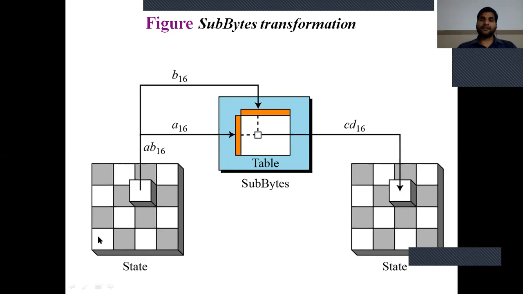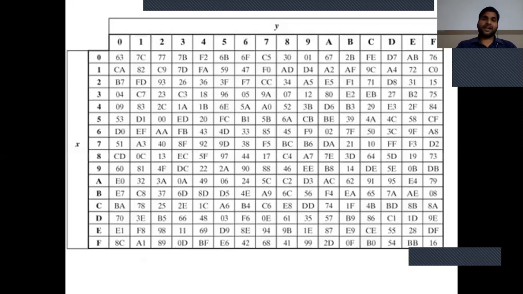SubBytes transforms it into another state. If the byte is A16 and B16, after the SubBytes substitution transformation, the S-box transformation, we achieve the value CD16 stored in this place.